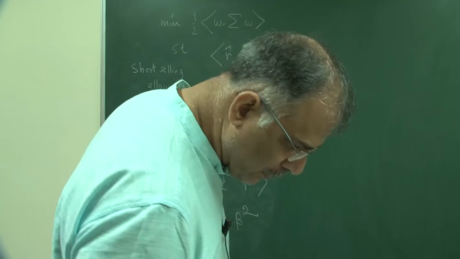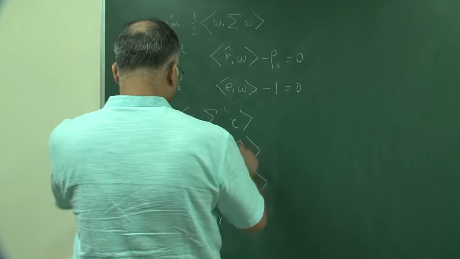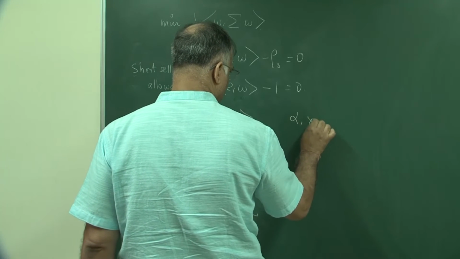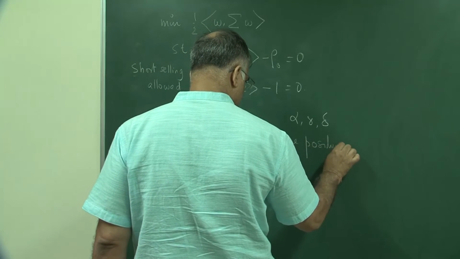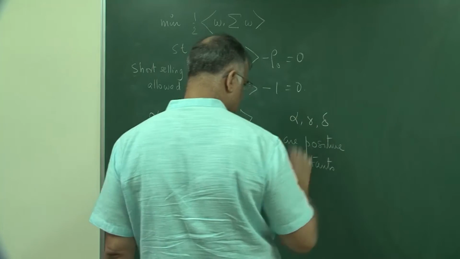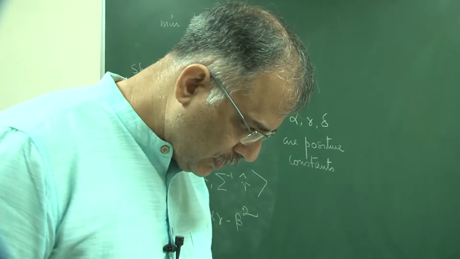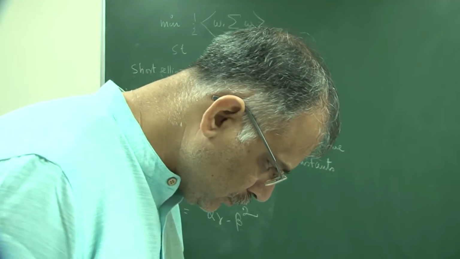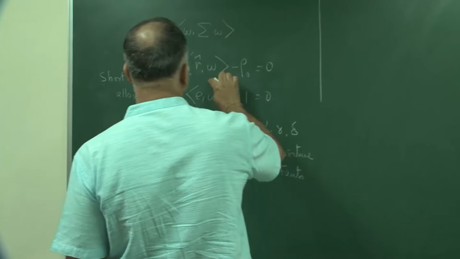The first thing I want to tell you is that alpha, gamma and delta are positive constants. And once you know that, the solution of this problem is the following.